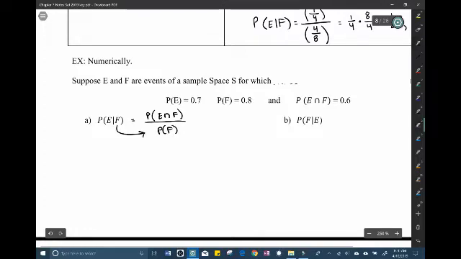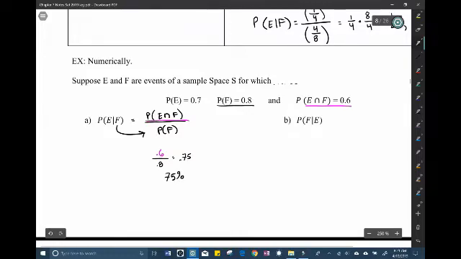We'll just substitute the things in. E and F is 0.6, and we divide that by the probability of F occurring, 0.8. 0.6 divided by 0.8 is 0.75, or 75%.